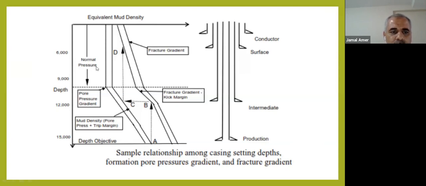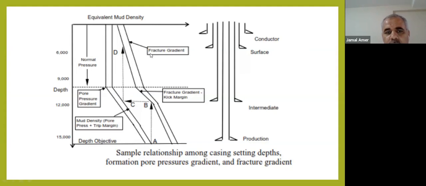It is fixed up to this depth, around 9,800 feet. Here we see pore pressure changing. That means we have an abnormal pressure zone. This is for this pore pressure gradient.